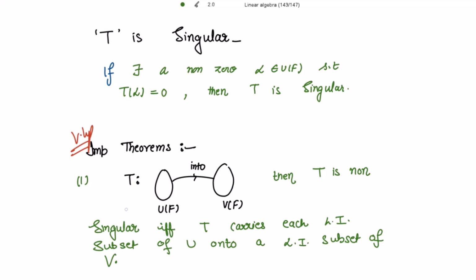Okay, now a few important theorems. If T is a linear transformation from U into V, then T is non-singular if and only if T carries each linearly independent subset of U onto a linearly independent subset of V. That is, it is preserving the linear independence and also mapping the bases to bases.